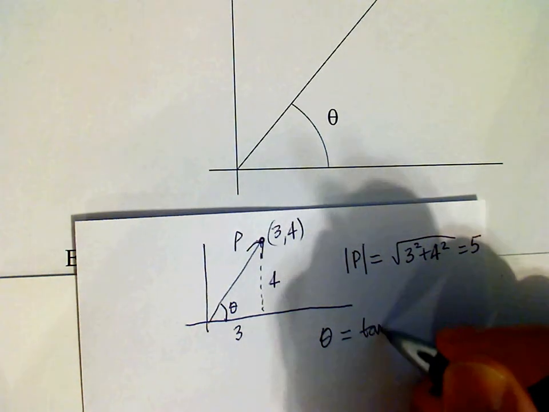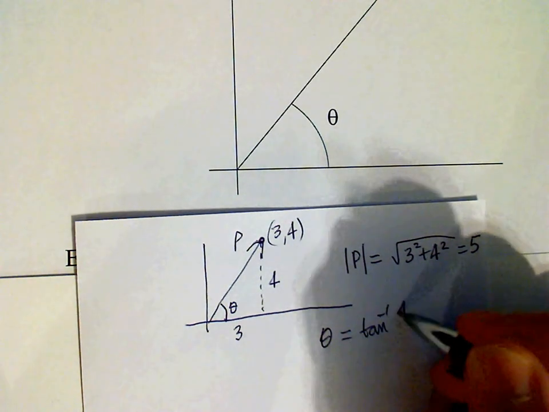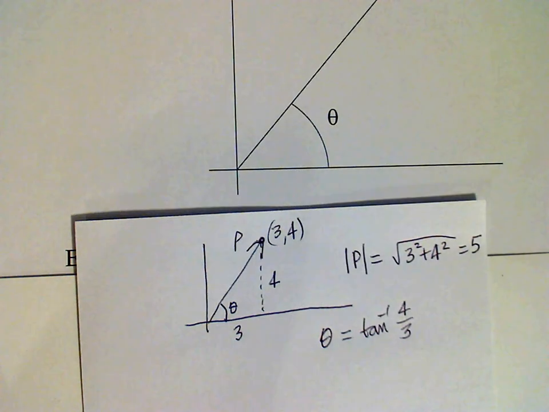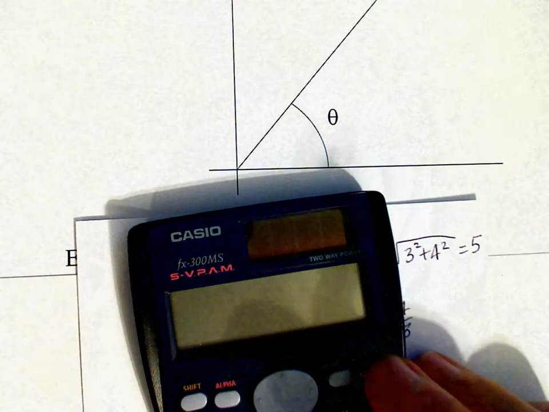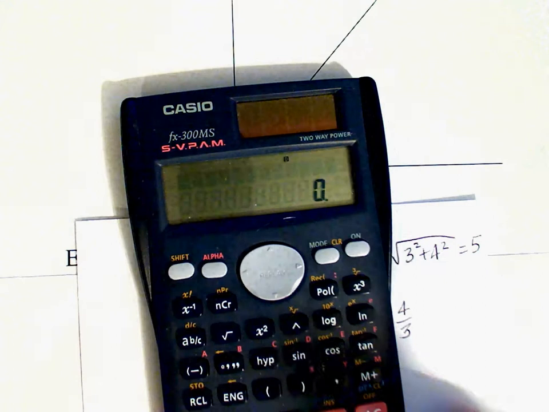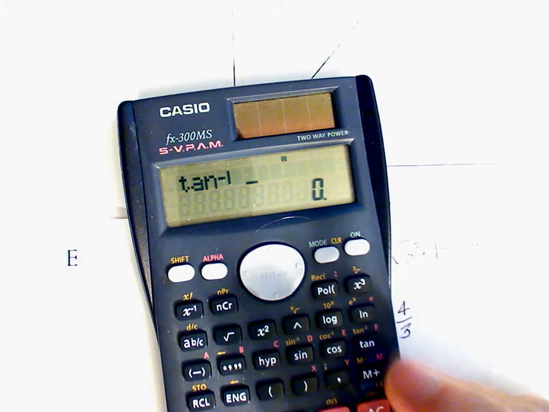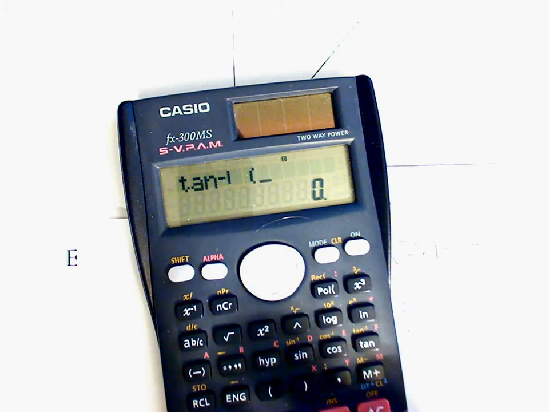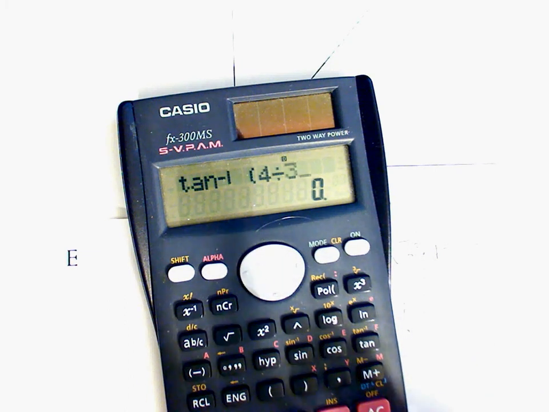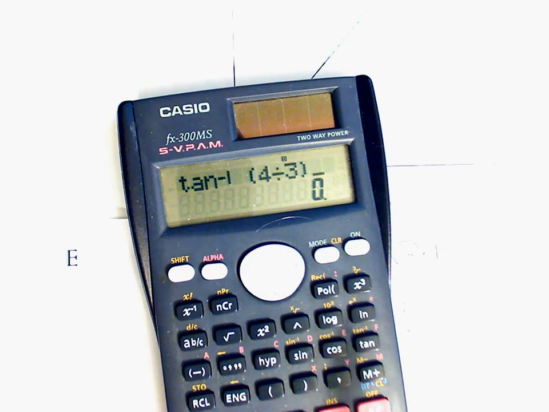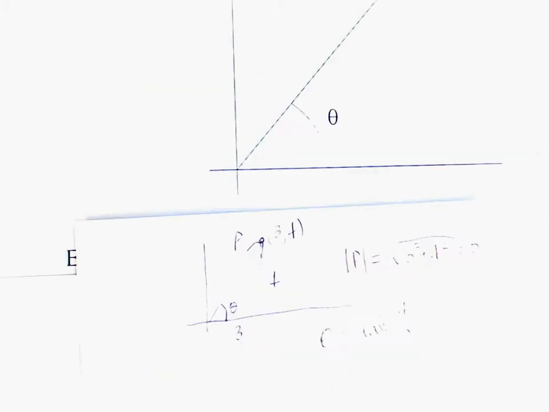Theta is the inverse tangent of 4/3. And we know how to find that on our calculators. And so inverse tangent 4/3. And the answer is about 53.1 degrees.